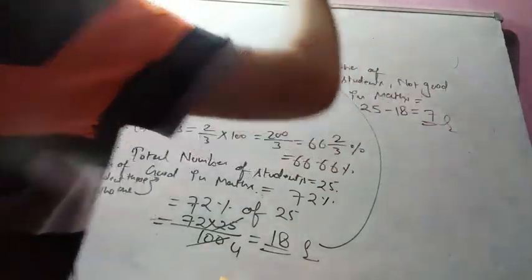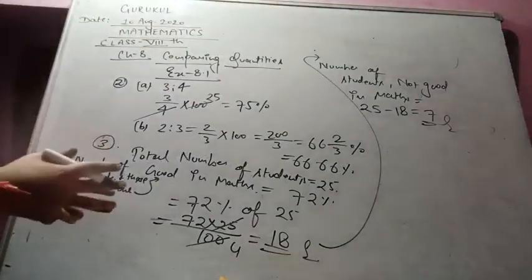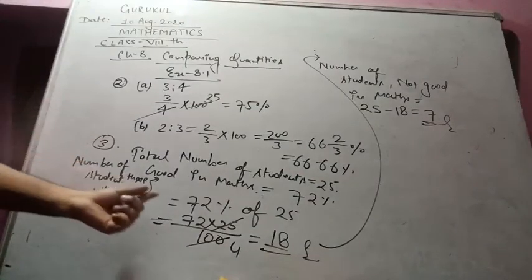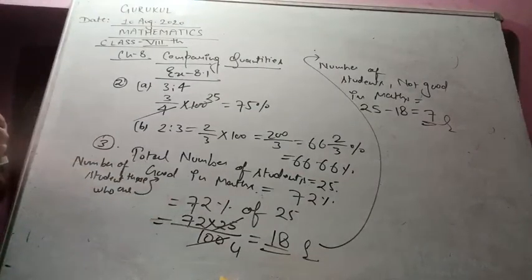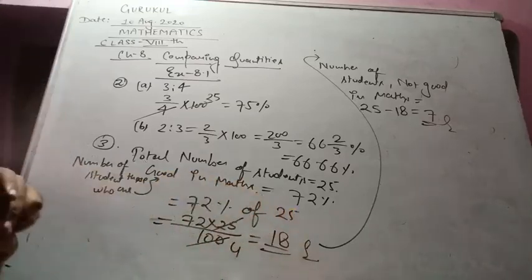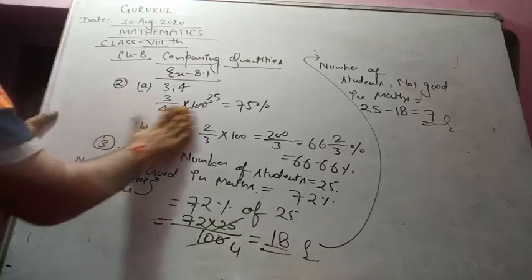Seven students are there which are not good in maths. But in real life, this is in question. 7 students are not good in maths out of 25. It means a great percentage. 72% are good in maths. But in real life, this happens rarely. More students we will find which are not good in maths. Now, question number 4 we are going to do.